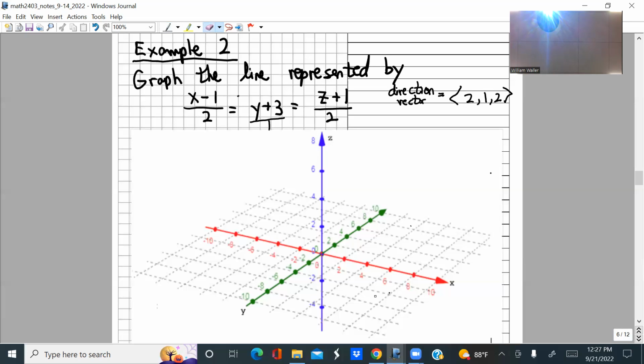And what is some point on this line? These you get from the constants that are added or subtracted from the x, y, and z. So x minus 1 means one point on the line has x coordinate 1.